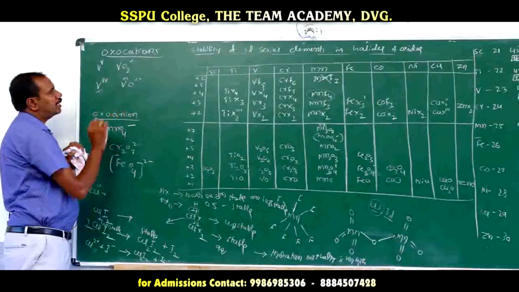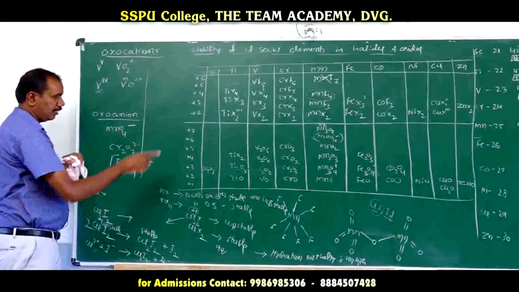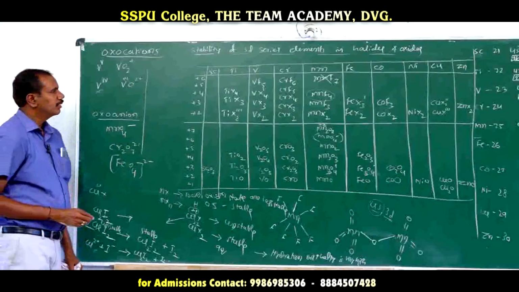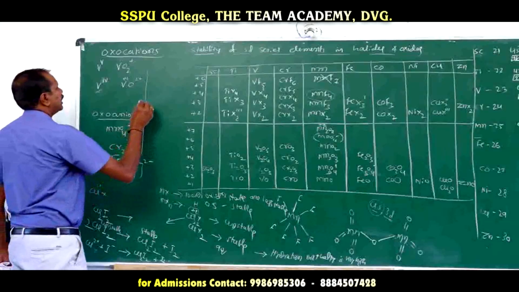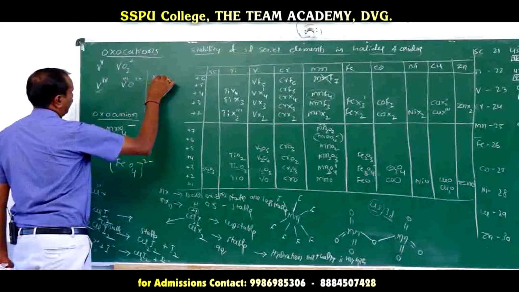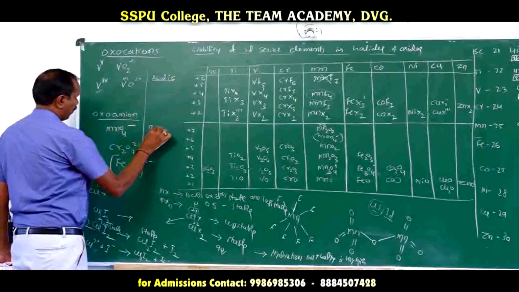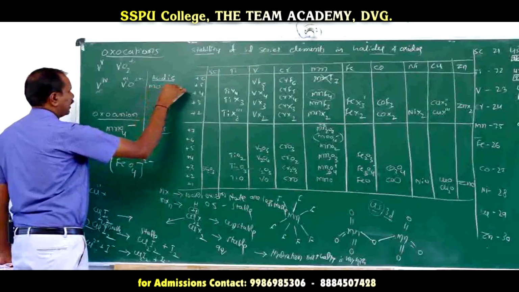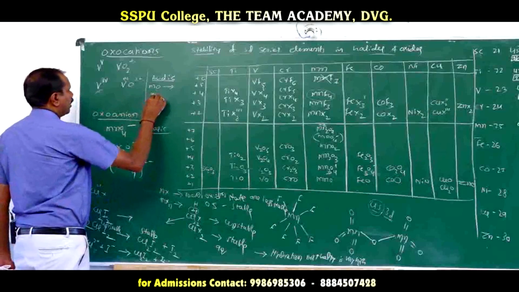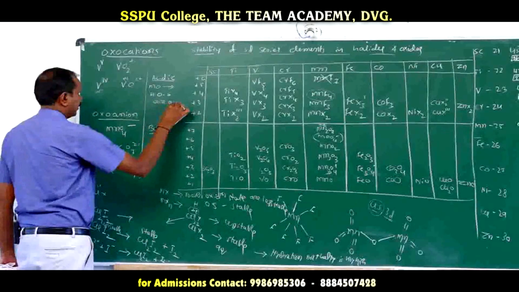So let us discuss the acidic and basic nature of these metal oxides. How can we predict the acidic and basic nature? Usually, metal oxides having higher oxidation state are acidic.